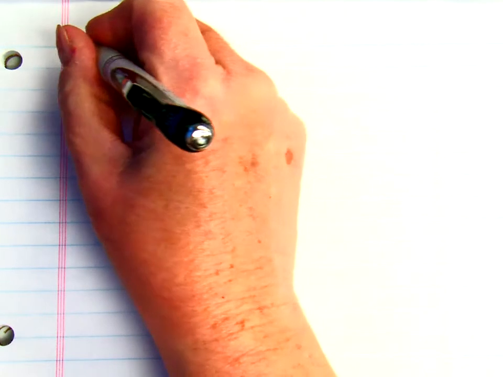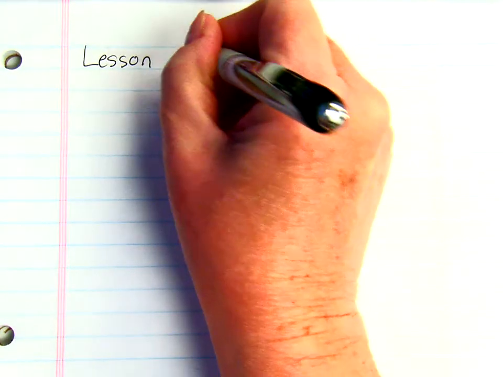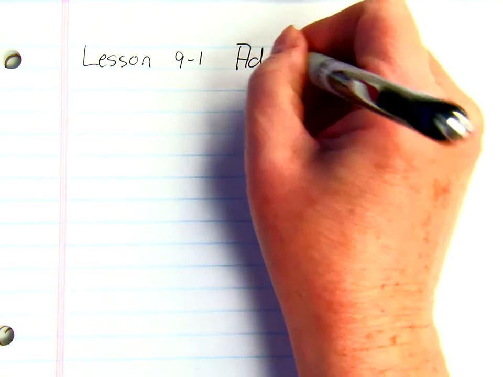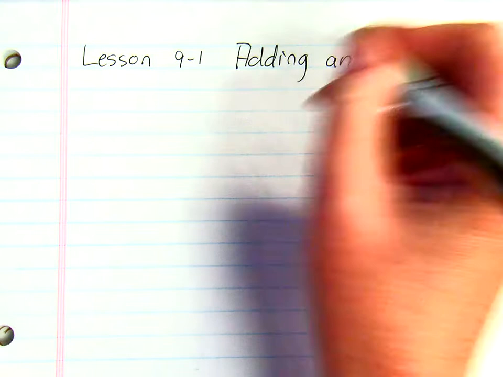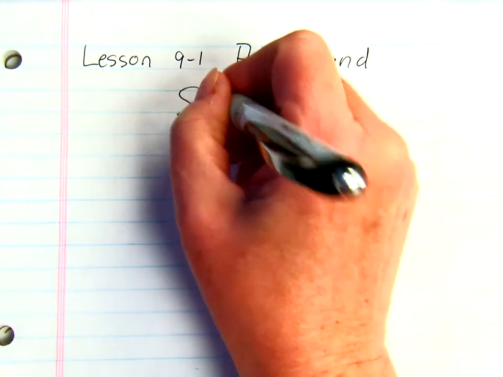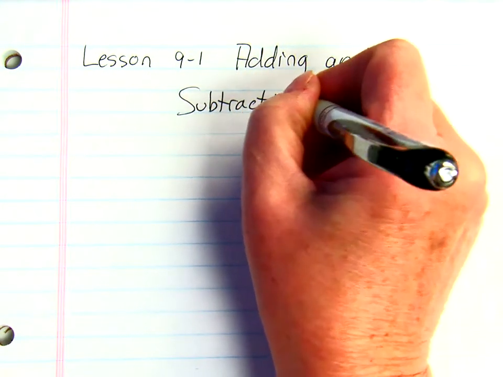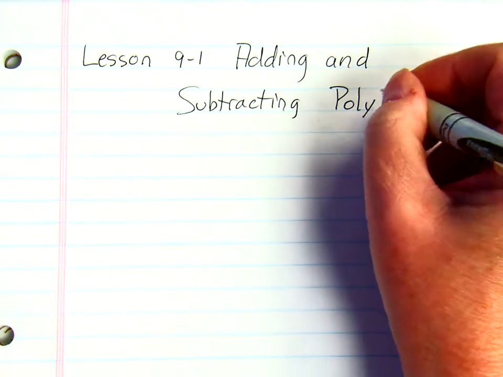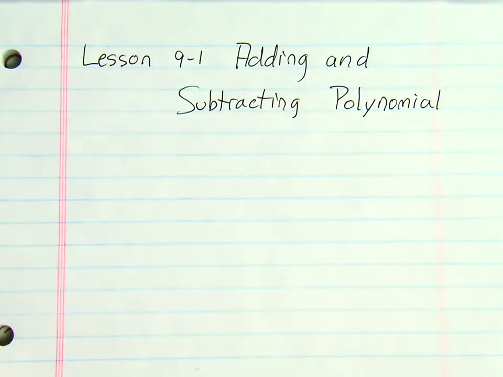And today we're going to talk about Lesson 9-1, and this is going to be adding and subtracting polynomials. The first thing we're going to do is define these terms. We're going to define polynomial, monomial. We are going to know exactly what we are talking about.